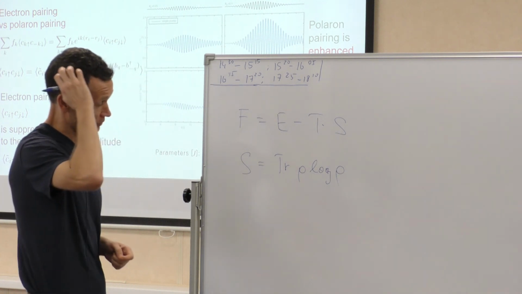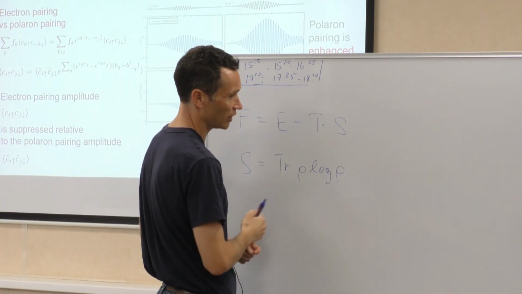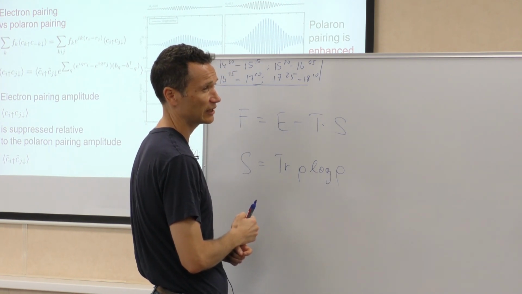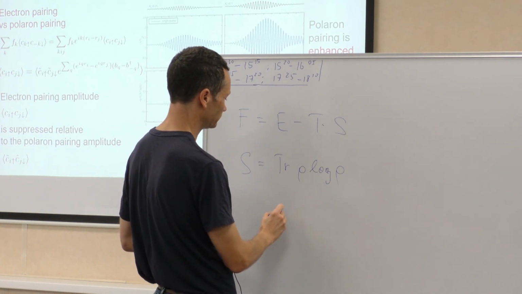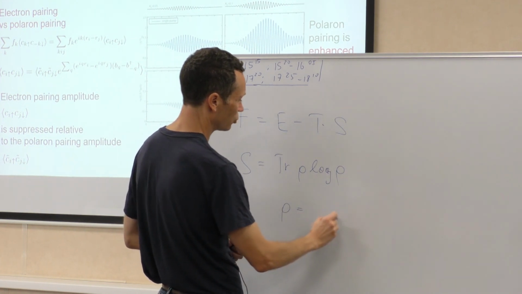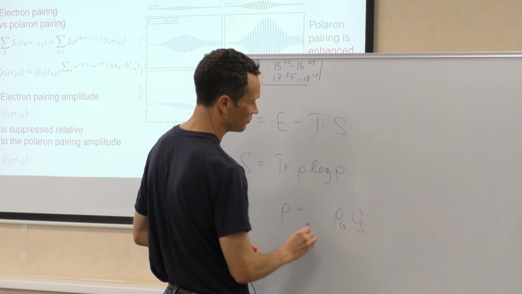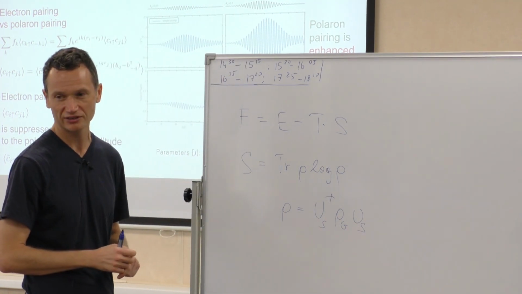And what you notice is, how do we think about our rho? Roughly, you can think about our rho as rho Gaussian times, let's say, this transformation U_S and U_S dagger, right? We have the polaron transformation.